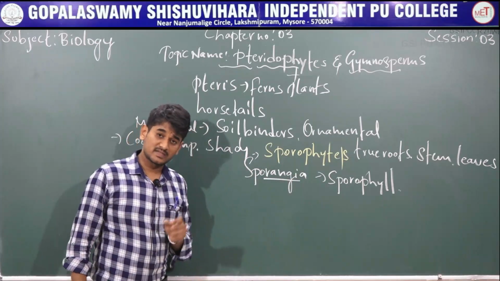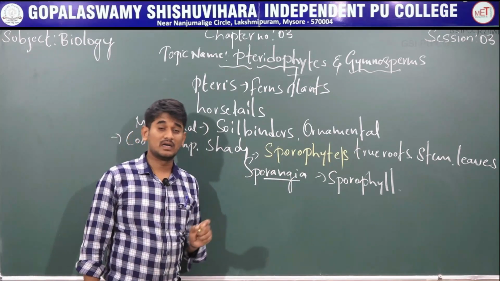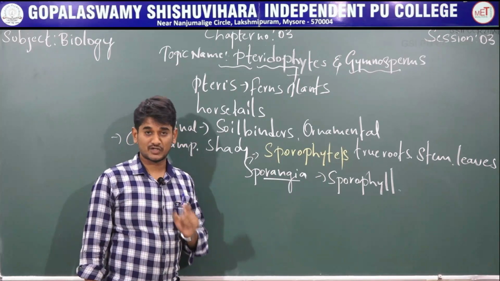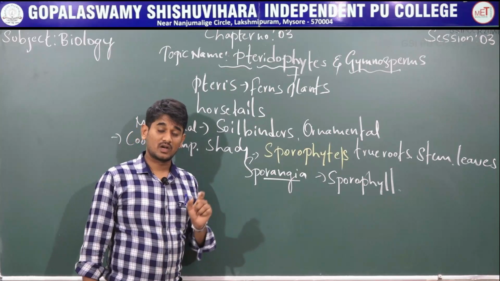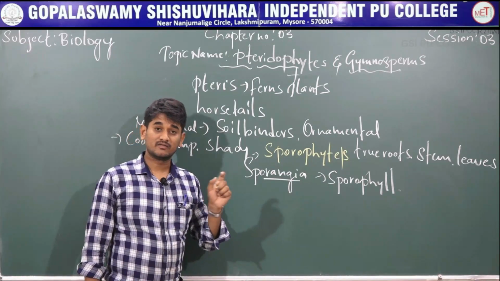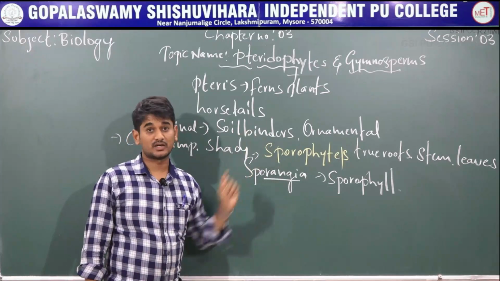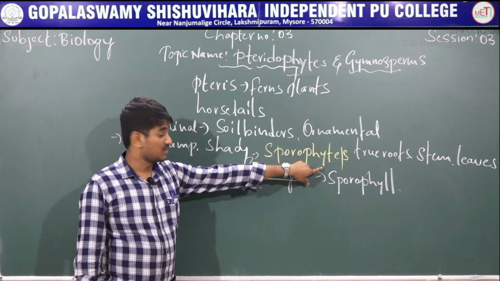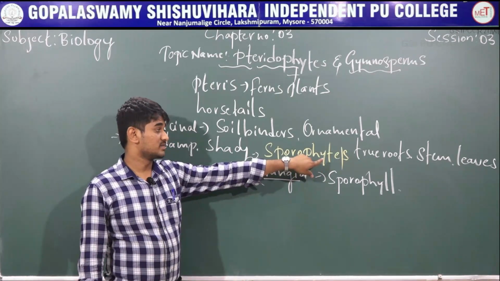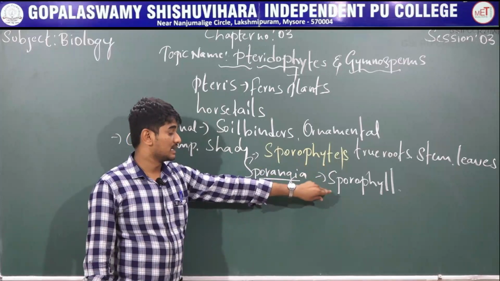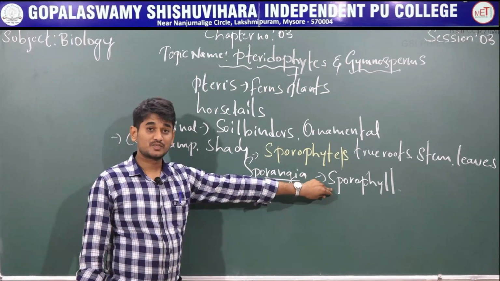The leaves in pteridophytes, if small, are called microphylls, as we can observe in Selaginella. If the leaves are large, they are called macrophylls, as we can observe in ferns. The plant body of pteridophytes is called sporophyte, which bears sporangia subtended by leaf-like appendages called sporophylls.